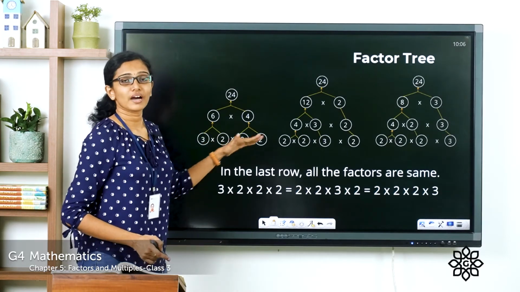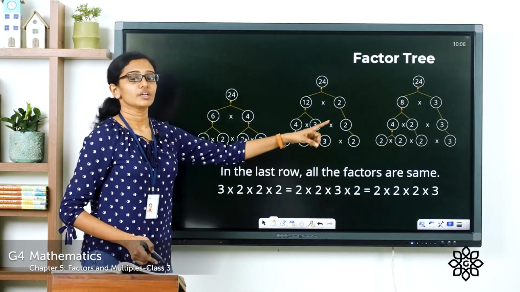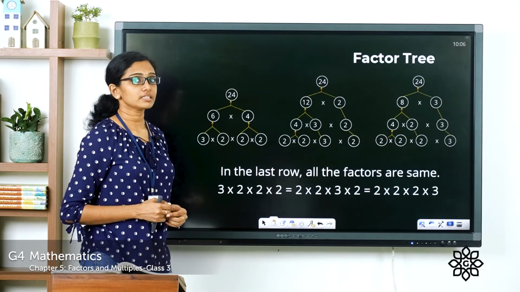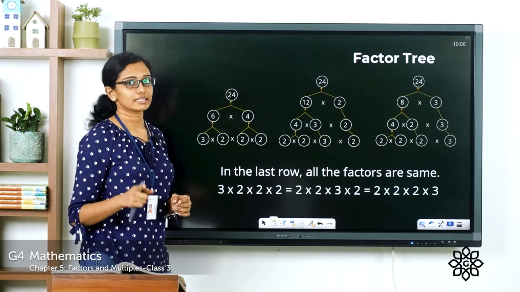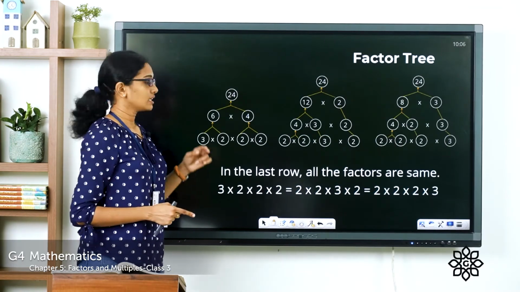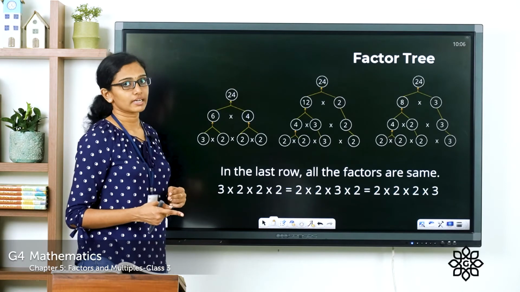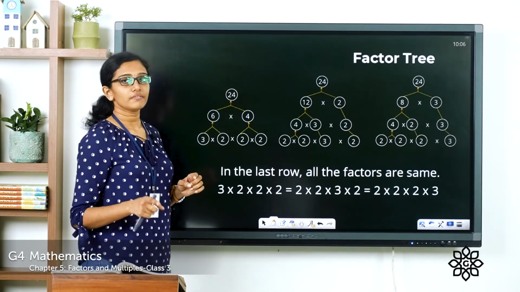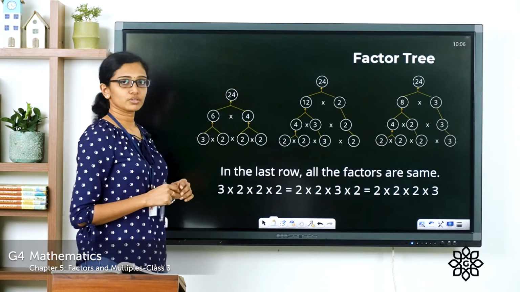And also the factors are prime numbers. You have learned about prime numbers in your lower classes. So prime numbers are the ones which have only 2 factors, the number itself and the number 1. They cannot be again broken down into more factors. They are not divisible by any other number. Only the number itself and 1 are the factors of prime numbers.